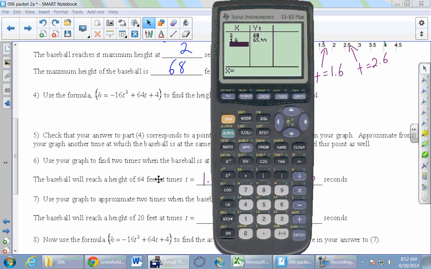Okay, that's not bad. What am I hoping for 2.6? Also 64. Okay, that's a little bit worse. But these are where the ball is after 1.6 and 2.6 seconds. Okay, so we can see that just looking at the graph has some weakness involved, right? Because we're estimating. So let's do this the better way, the algebraic way.